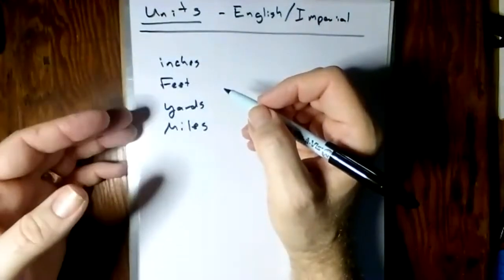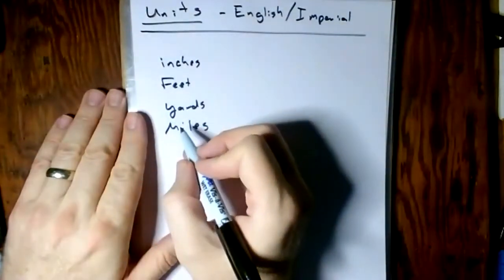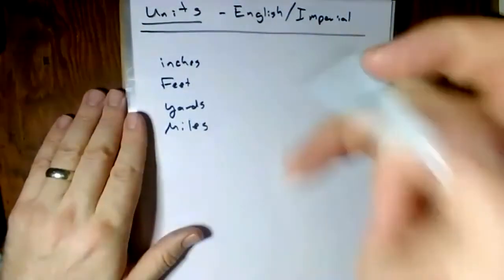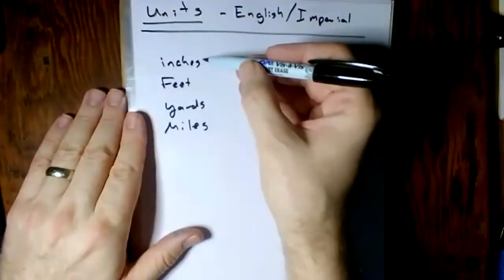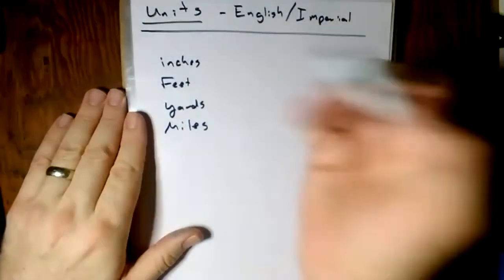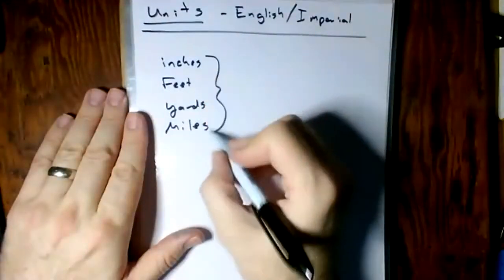You've also got things like furlongs, and I'm trying to remember if there's 6 or 12 furlongs to 1 mile, but these are our typical things. So from small to large, we've got inches, feet, yards, and miles. So these are our units of length.